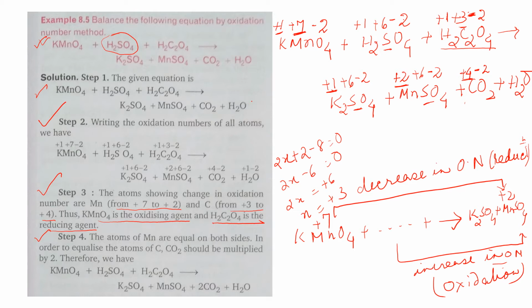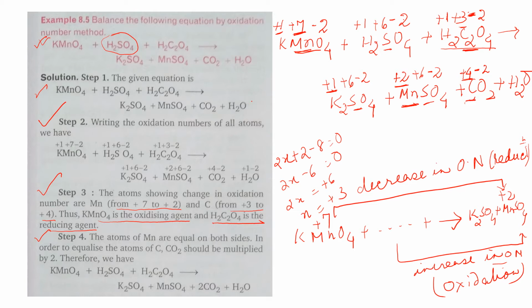For manganese, Mn on the left hand side and the right hand side are both equal, 1 and 1, so there is no problem. But carbon is also undergoing change in the oxidation number. Now you see the left hand side carbon is 2 and the right hand side the carbon is 1. So that means you have to balance carbon.